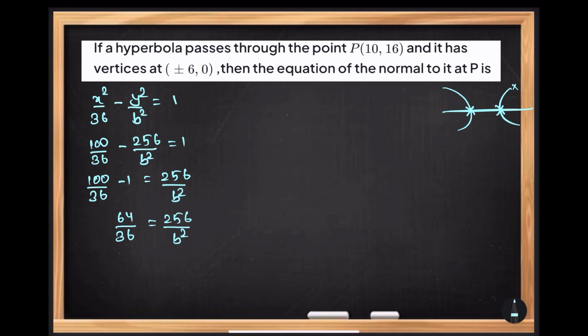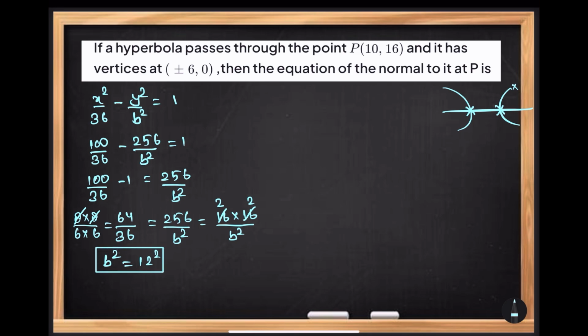If you find this difficult to simplify, you can go with 8 into 8 and 6 into 6, and 256 is 16 into 16 by b square. Now you can simplify, 8 2s are 16, 8 2s are 16. So b square we got 12 square.